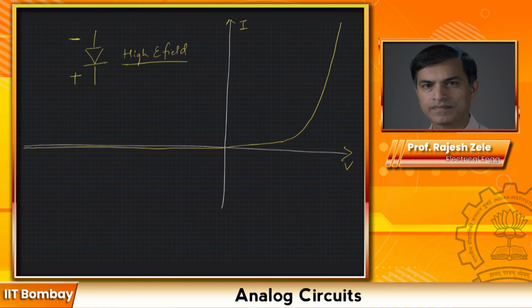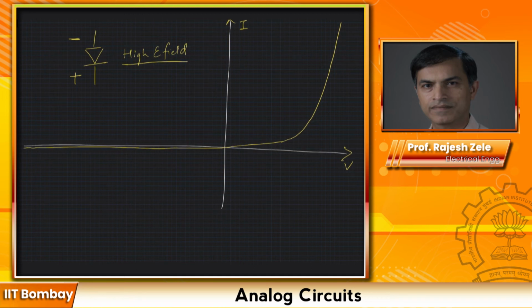The structure inside this semiconductor will start breaking, the bonds will start breaking, due to the high electric field. Now as soon as the bonds break, we have more carriers which are part of this electric field, and they will start flowing under the influence of this electric field.